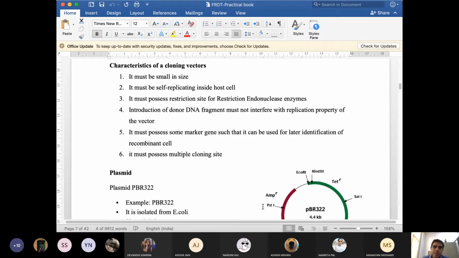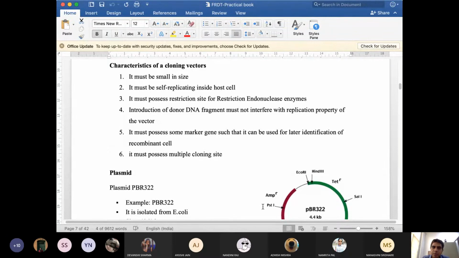The second property is that it must be self-replicating inside the host. When you transfer this vector, after loading it with your gene of interest, to a host cell, this DNA is going to serve as a foreign DNA. Then the host may degrade it.